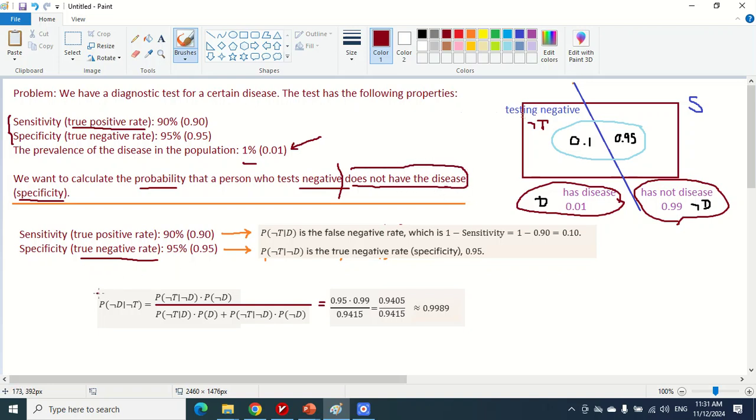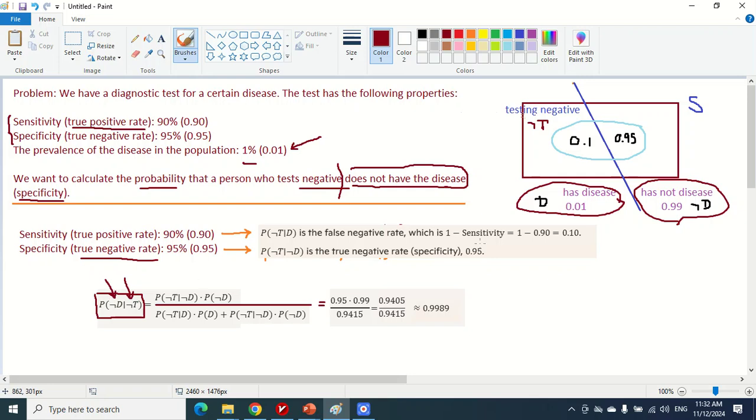We are looking for this probability. The negation sign at the top of T denotes the negative test. If the person gets the negative test, I want to know the probability that the person does not have the disease.